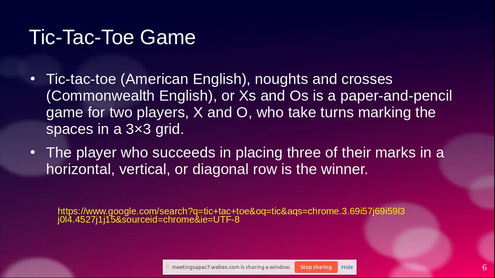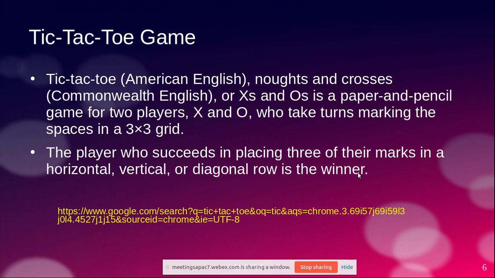One plays with X, other plays with O, and the two players make turns marking the spaces in a 3 by 3 grid that's normally used. Other 5 by 5, 7 by 7, 9 by 9 grids are also available for more complicated plays. Here, the player who succeeds in placing three of their marks in a horizontal or vertical or diagonal row is the winner.